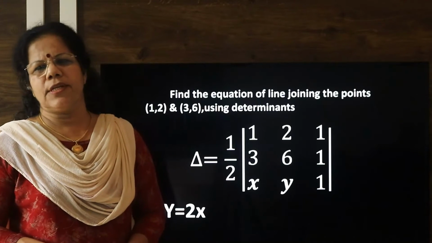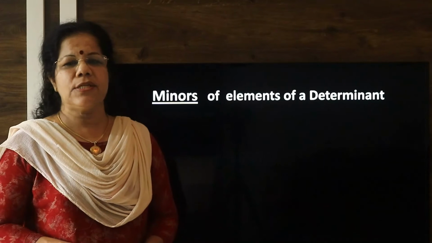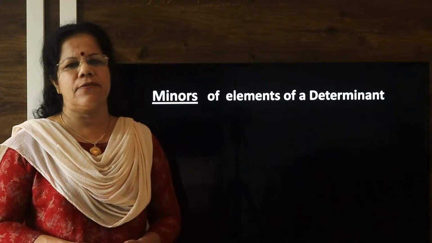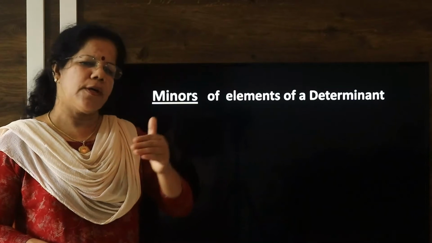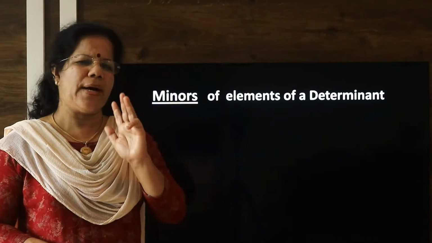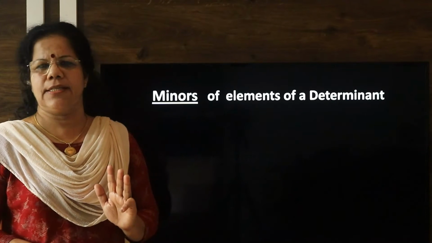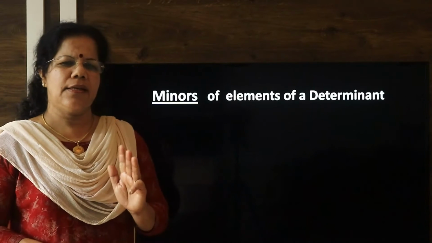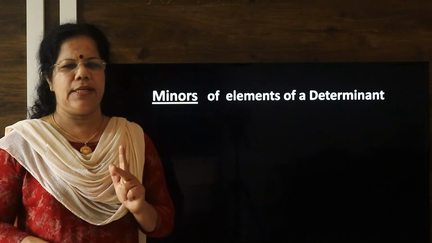Now let us move to the next one, that is finding the inverse of a matrix. Already I told you that is one of the applications. Before going to the inverse, we should know one after the other. First one, minor of an element of a determinant. Keep it in mind. Second thing, cofactor of an element of a determinant.